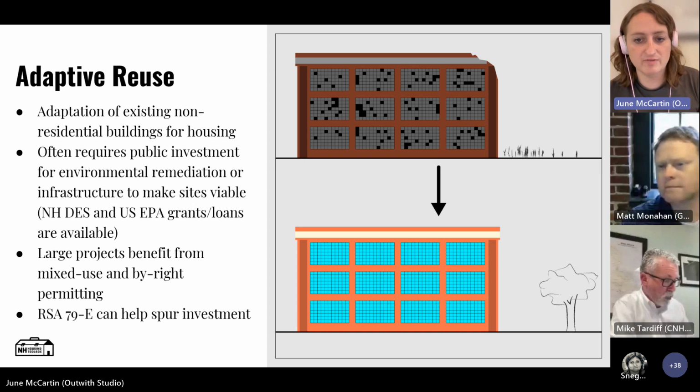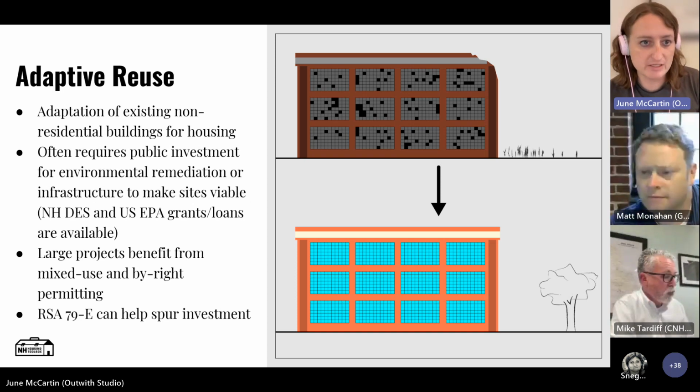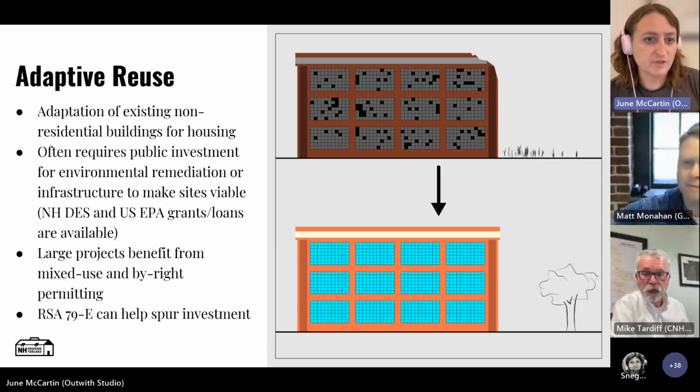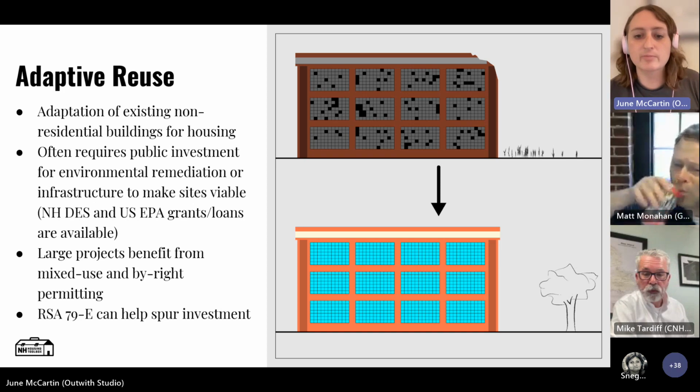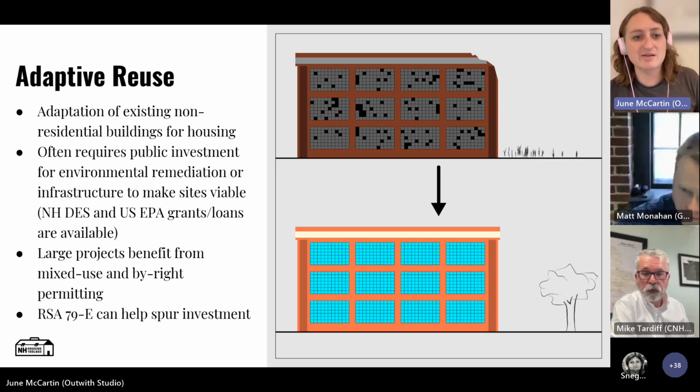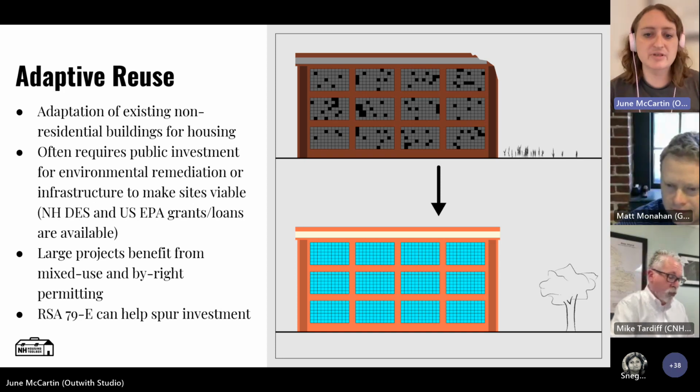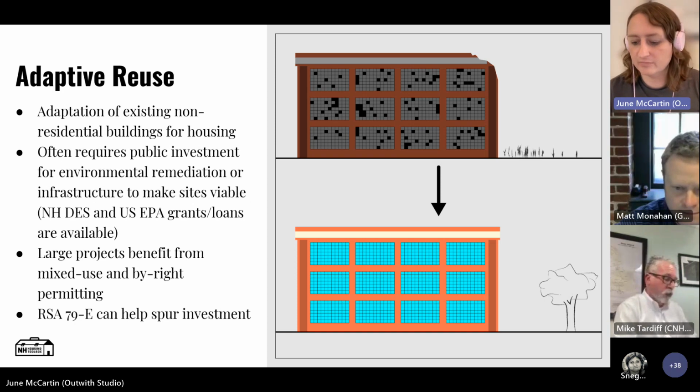The residents can serve as a customer base. And we'll talk a little bit more about this later, but RSA 79-E, the Community Revitalization Tax Relief Incentive, can be a tool in a local government's toolbox to spur this investment.